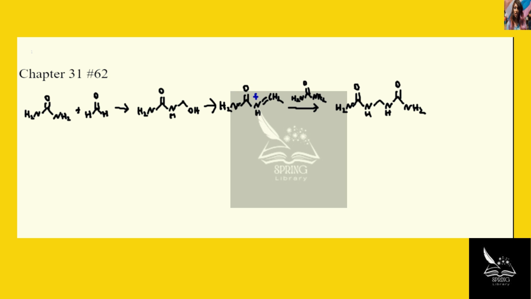Now we can repeat this. We can add a formaldehyde again to either end here, really. What it ends up being is we'd actually add a formaldehyde to both ends.